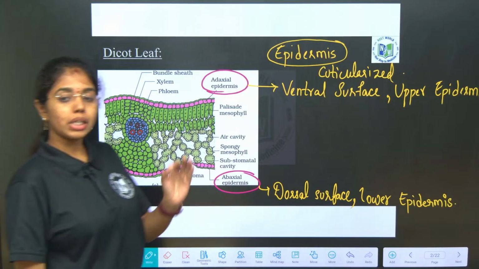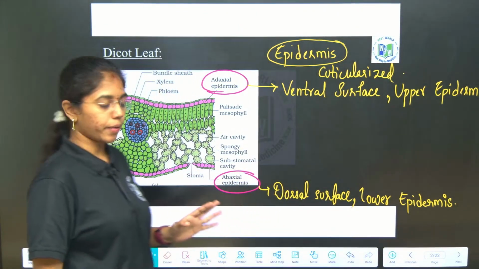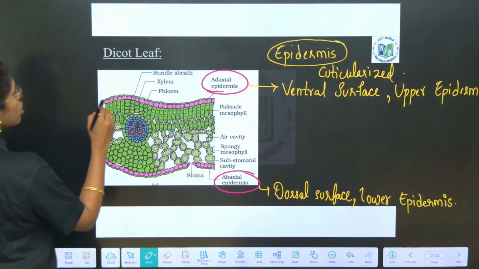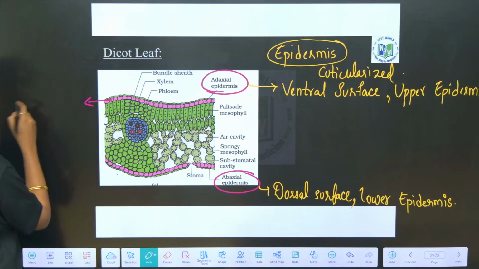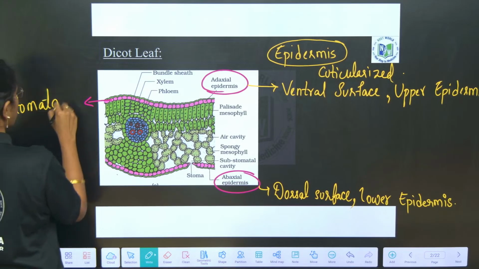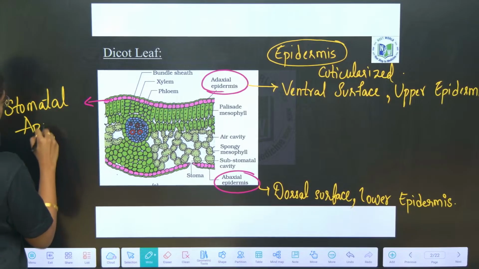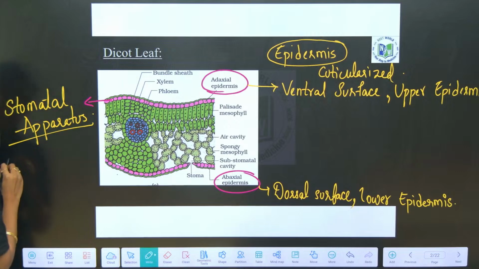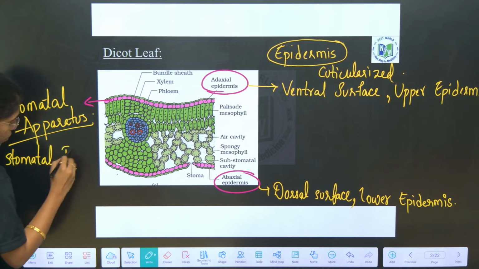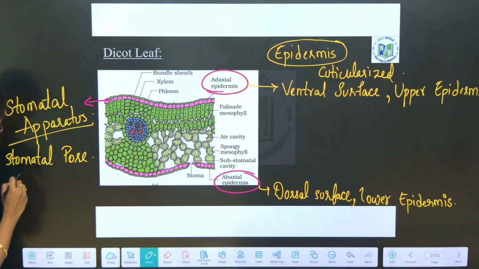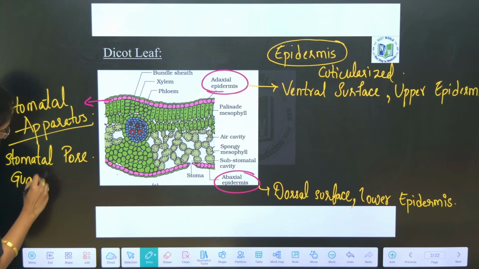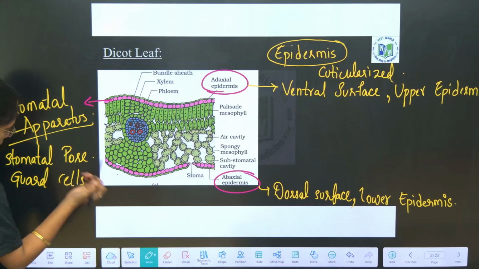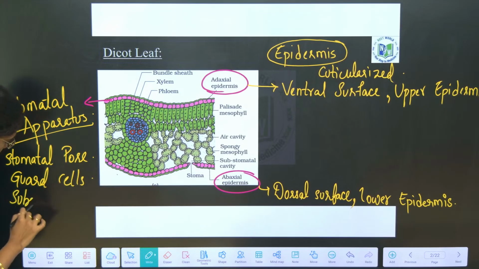What are the components that are present in the epidermis over here? Epidermis consists of stomata, you can say stomatal apparatus. Stomatal apparatus includes stomatal pore, guard cells and subsidiary cells.